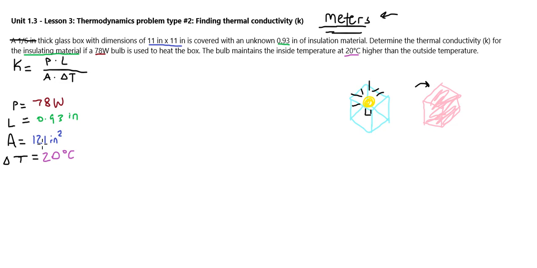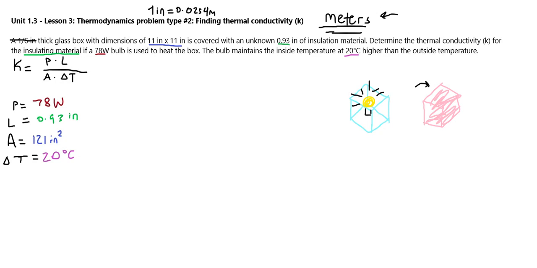So first, what conversion factor can we use? So let's see. 1 inch equals 0.0254 meters. So all we have to do is multiply our inches by that.